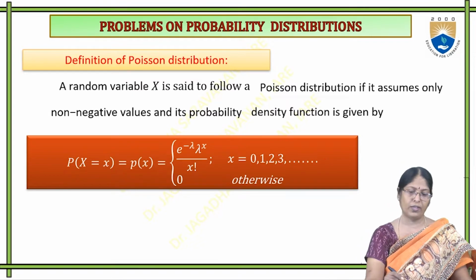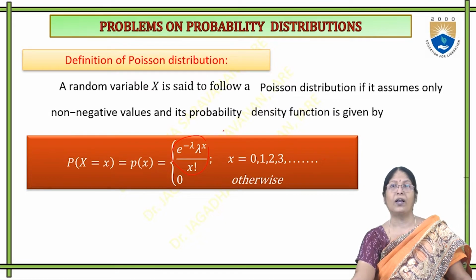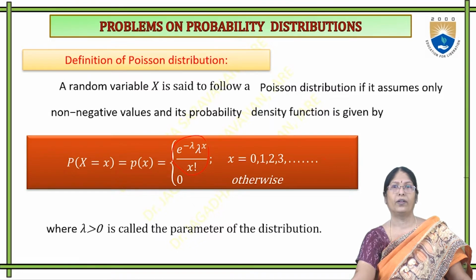He derived this formula and his name is kept for it, so it has become the Poisson formula, e power minus lambda into lambda power x by x factorial, where x is taking the value from 0 to infinity. Lambda is a positive number, the parameter of this Poisson distribution.